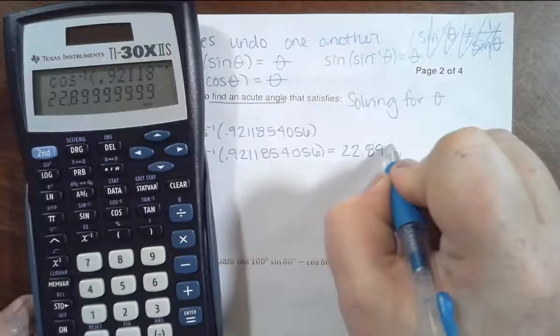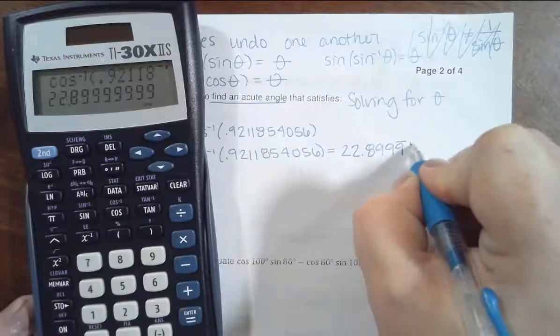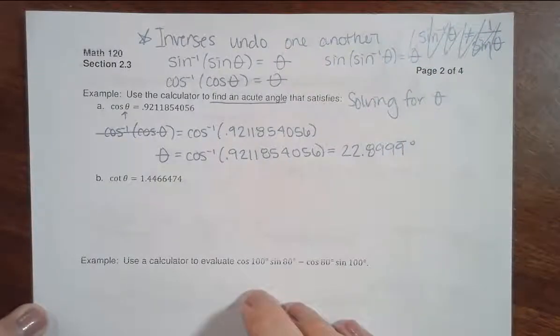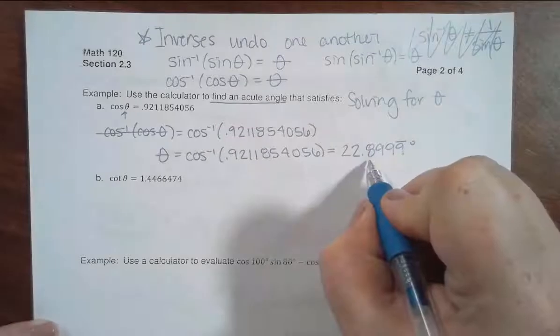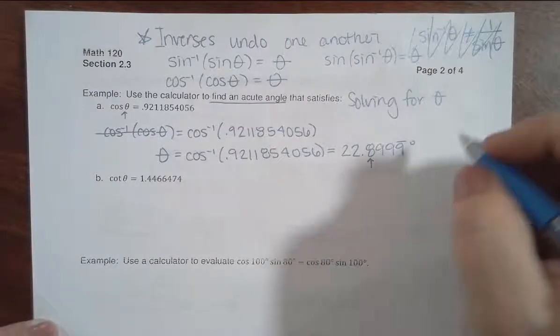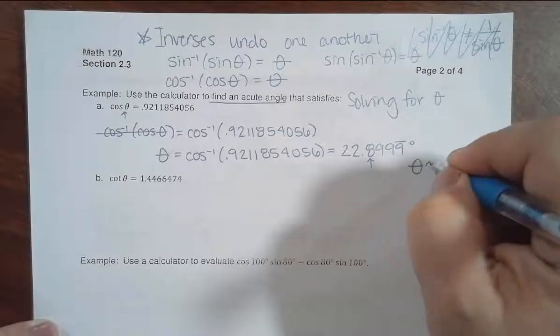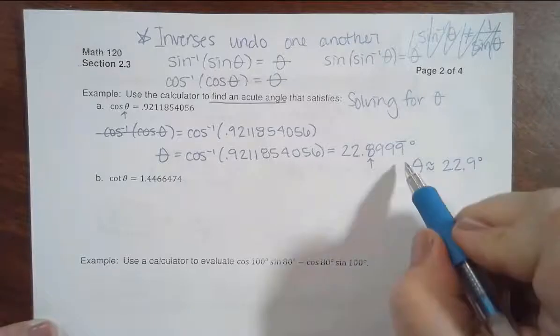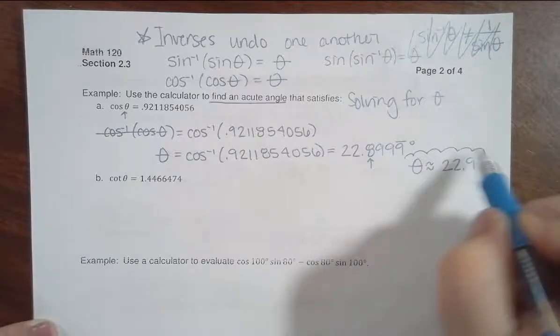On these, I'm going to go ahead and just round them to one decimal place because that's what we did on the other page. My Math Lab will give you specific instructions on how to round. So we're just going to say this means that theta is approximately 22.9 degrees. Okay? Maybe not too bad.